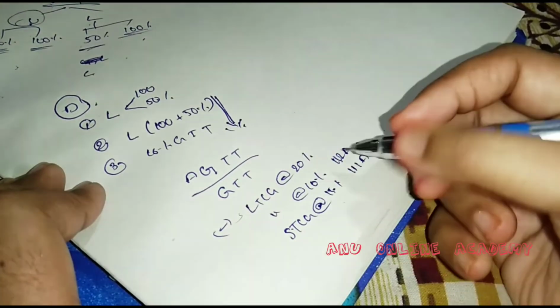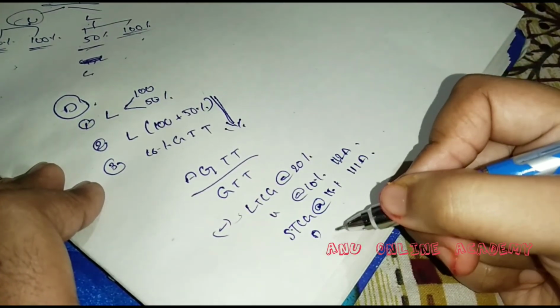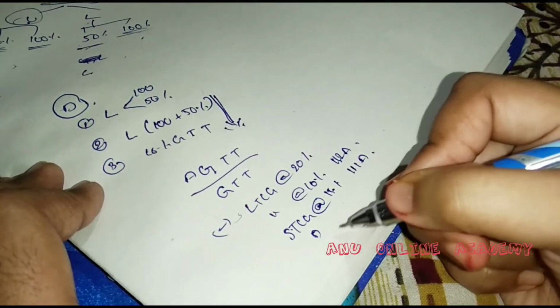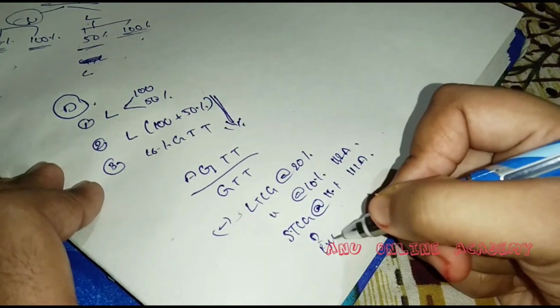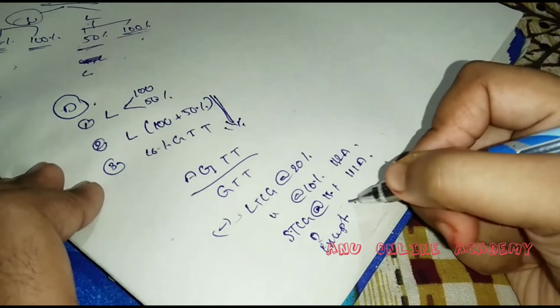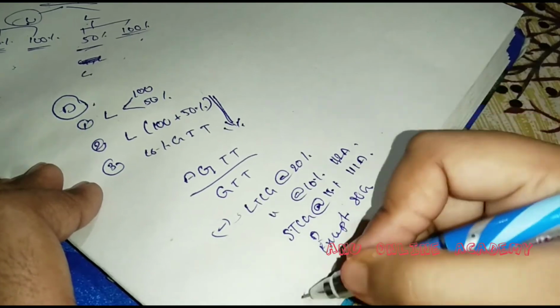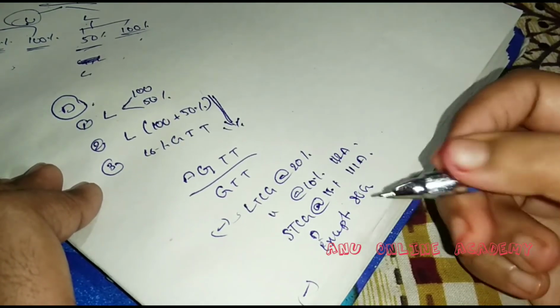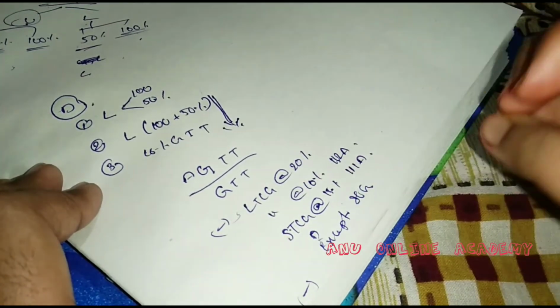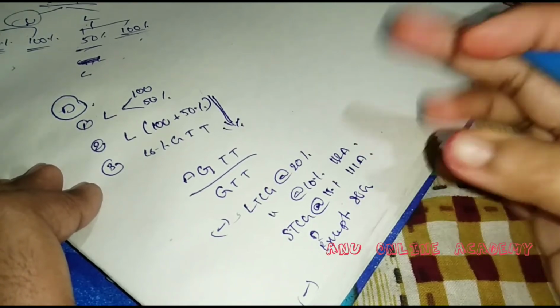Okay, and the next, deduction under chapter 6A, okay, except 80G. Okay, and the next, last, less any income on which tax is not payable, aggregate gross total income.